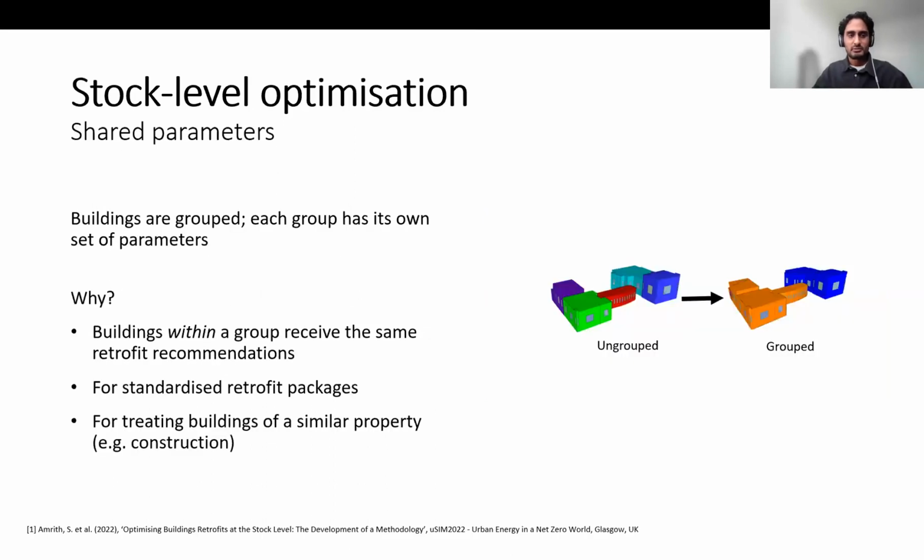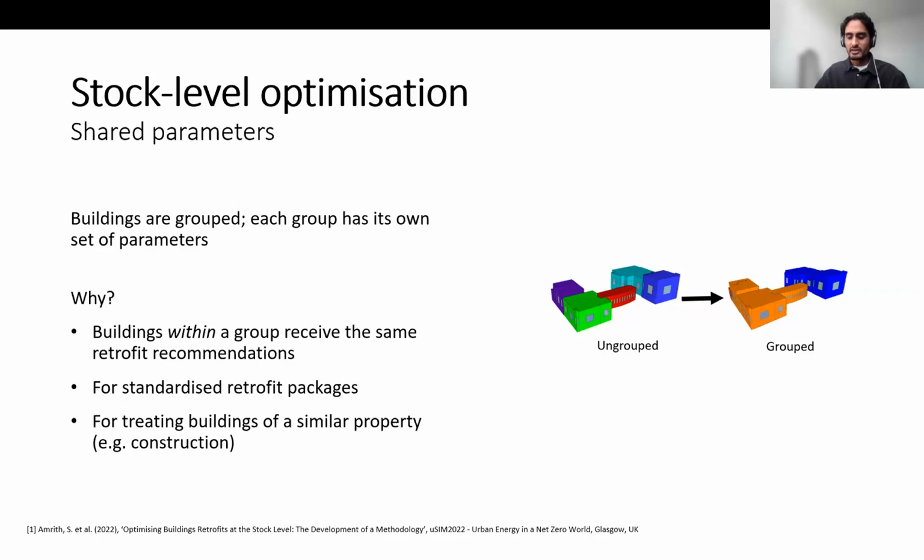So to set up shared parameters, we'd form building groups, and each group is given their own set of parameters. We do this because buildings within a group will then receive the same retrofit recommendations in the results. And this can be useful, for example, for generating standardized retrofit packages.